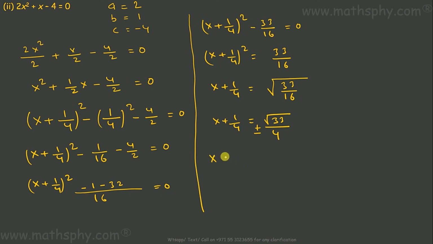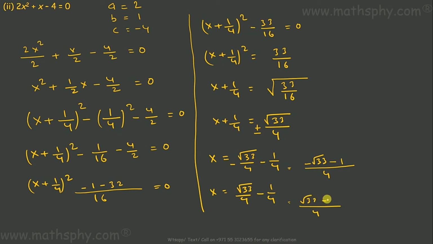So x can be root 33 over 4 negative minus 1 over 4, and x can be root 33 over 4 minus 1 over 4. We solve this, you get negative 33 minus 1. We solve this, you get positive 33 minus 1.